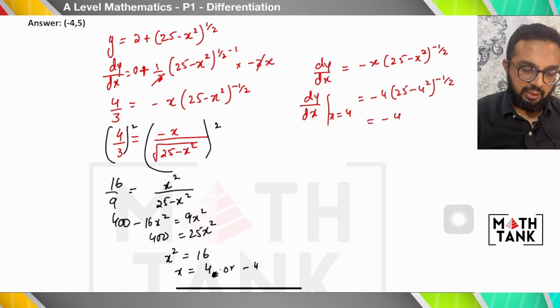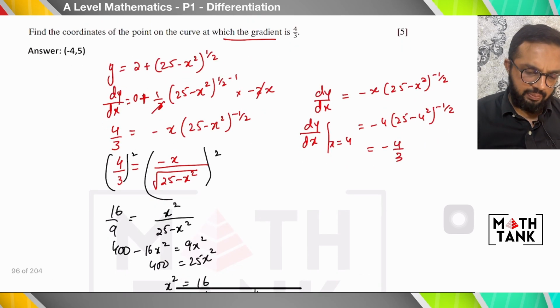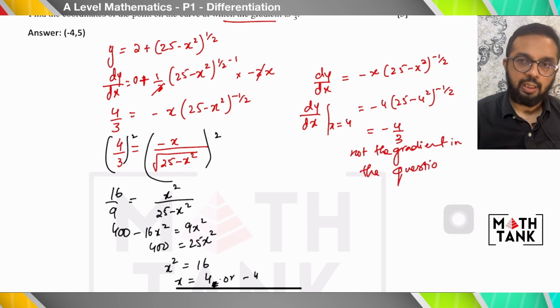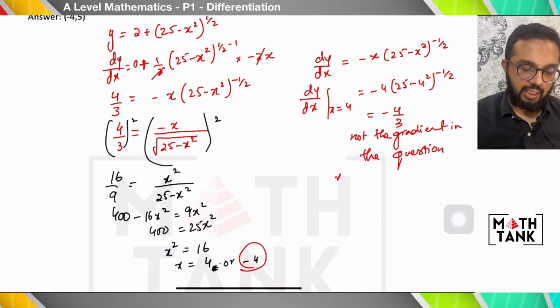So that gives me minus 4 over 3. Okay, that's from my calculator. So not the gradient in the question. So I'm going to use the other point, and the other point will definitely give me the plus sign that I want, because the value of x is minus 4. So x is minus 4.